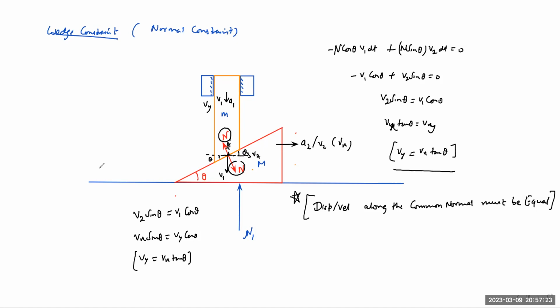And the third method, which is called the organic way of thinking. So I'll just show it here. So this is your wedge. And after some time, your wedge will be displacing from this position to this position. So you can draw two diagrams.